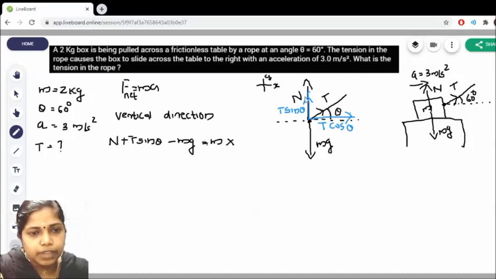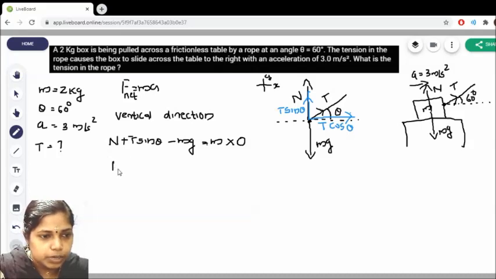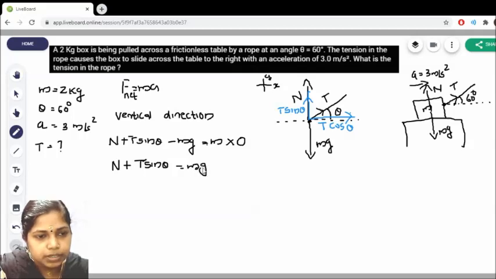What is the value of acceleration along the vertical direction? The object is not moving along the vertical direction, so it is having zero acceleration along the vertical direction. So we can write the equation of force along the vertical direction as n plus T sin theta equal to mg. Let this be equation number 1.